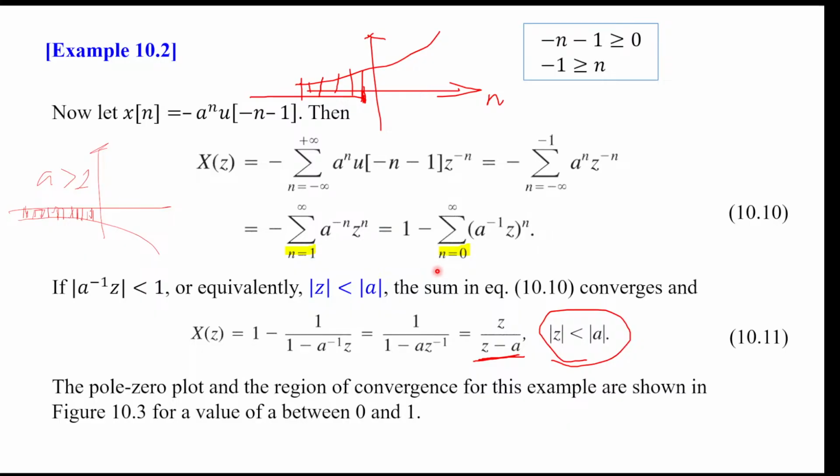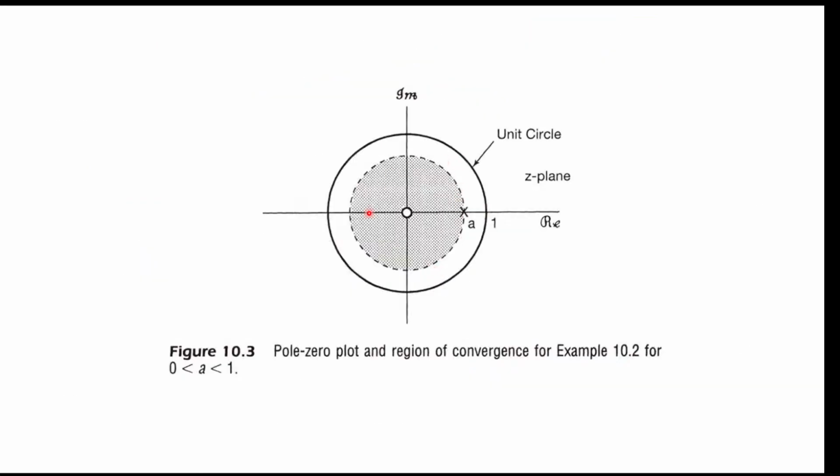Any questions so far? Yeah, so this is the ROC of our second signal. It has the same algebraic part, but the ROC will be inside this radius of a.